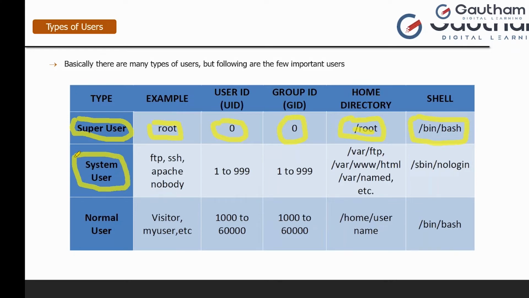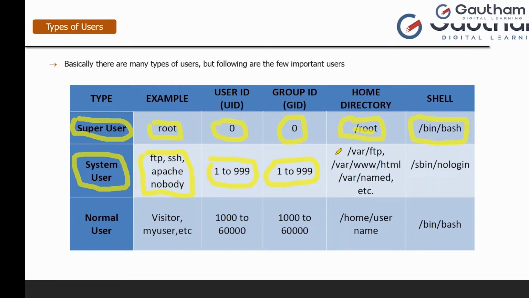System users are nothing but the important services or system-related users required to run some important system applications like FTP, SSH, Apache, nobody. These are a few examples of system users. And the IDs reserved for system users are between 1 to 999. So if you find any user between 1 to 999, that means that is your system user.